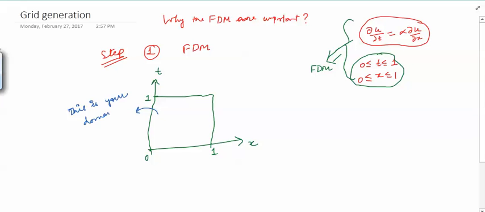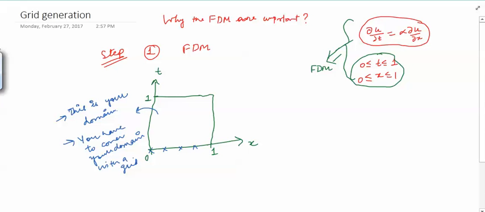If you are given a differential equation to solve, you are definitely given a domain, so you have to cover your domain with a grid.